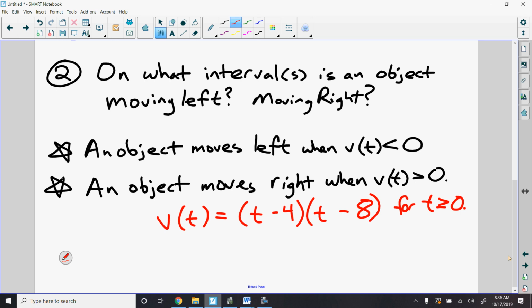So here's the question: over what intervals is the object moving right?